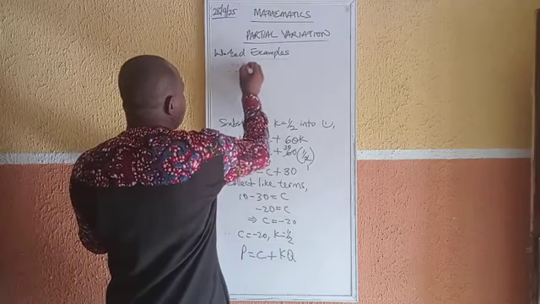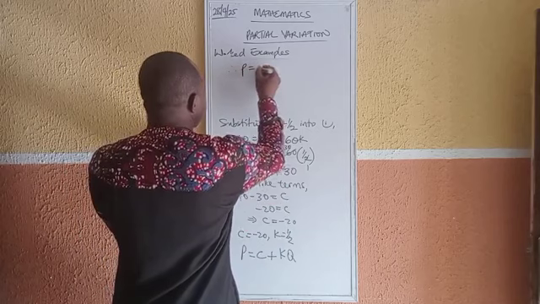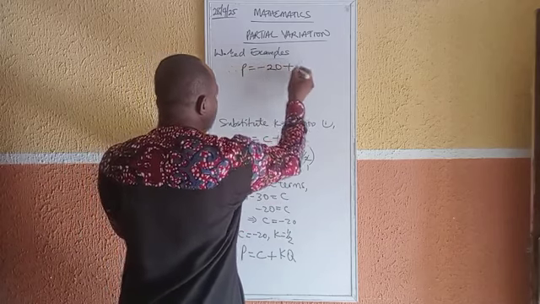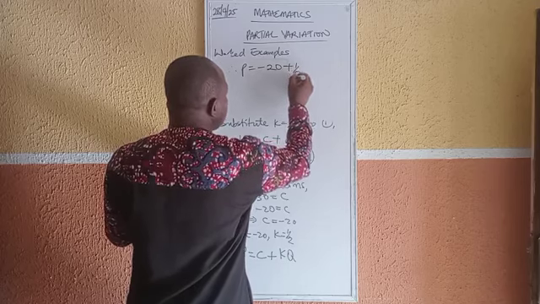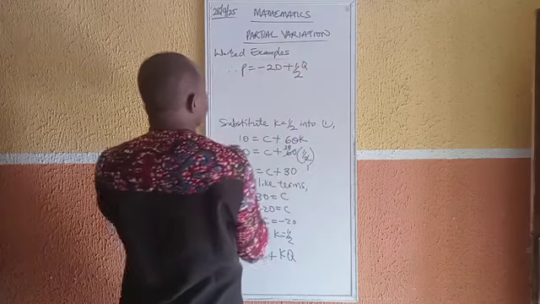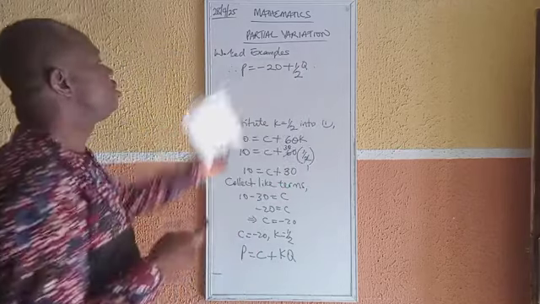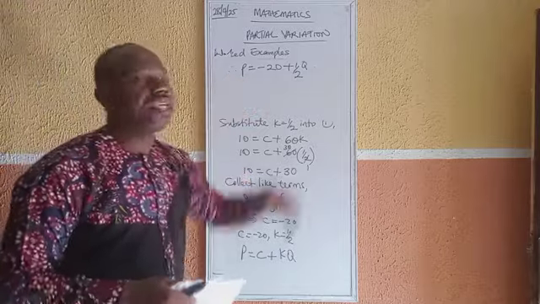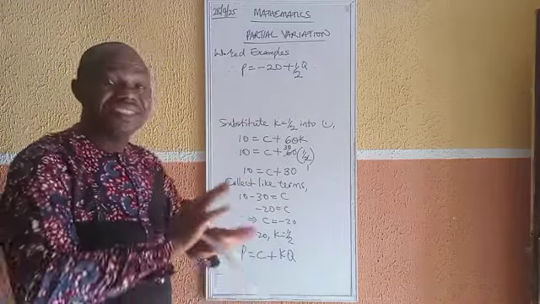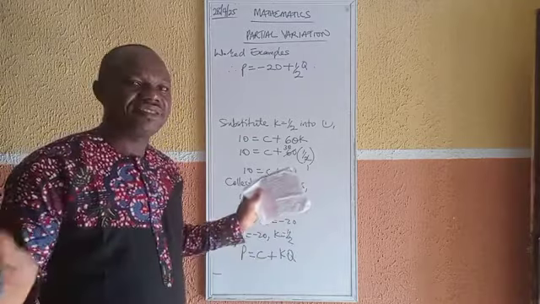So now P equals c, which is minus 20, plus k, which is 1 over 2, times Q. That's the relationship that is connecting P and Q. It's as easy as that.